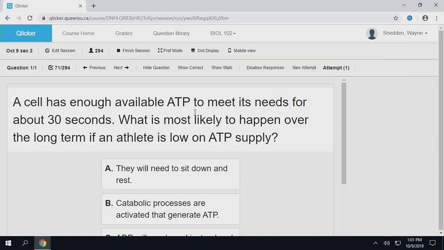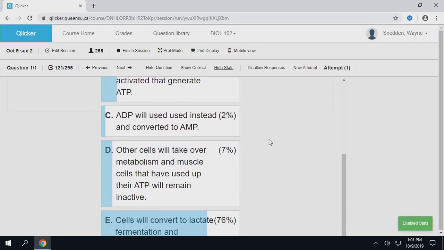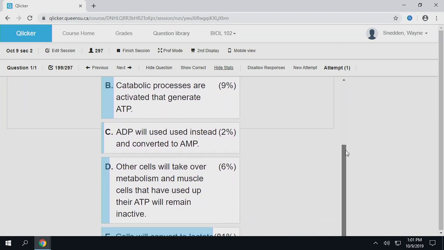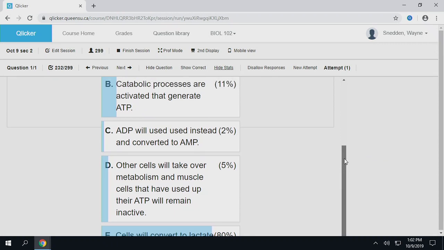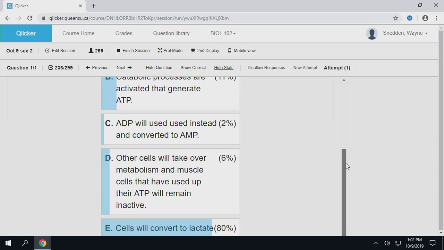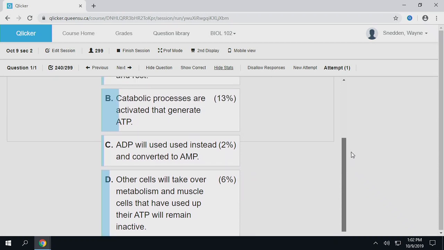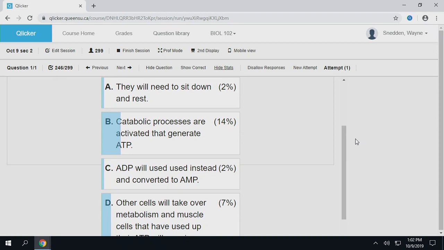Okay, so let's see what people are thinking. You got A, B, C, D, E. It's moving around. I'm going to tell you that the answer is not E. I'll tell you why in a second. All right, I'm going to stop and get your bestest guestest in.